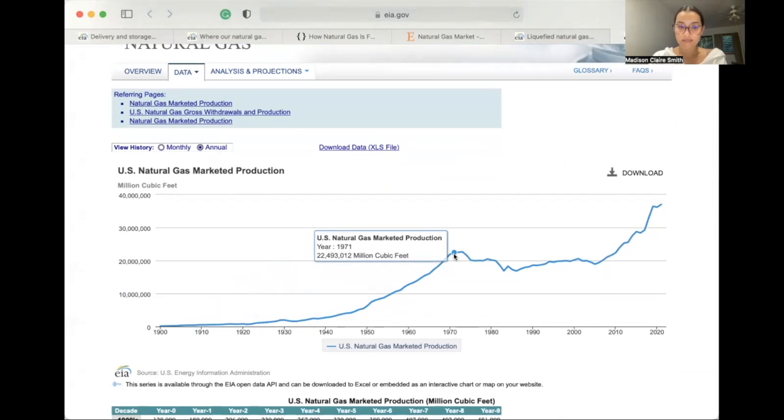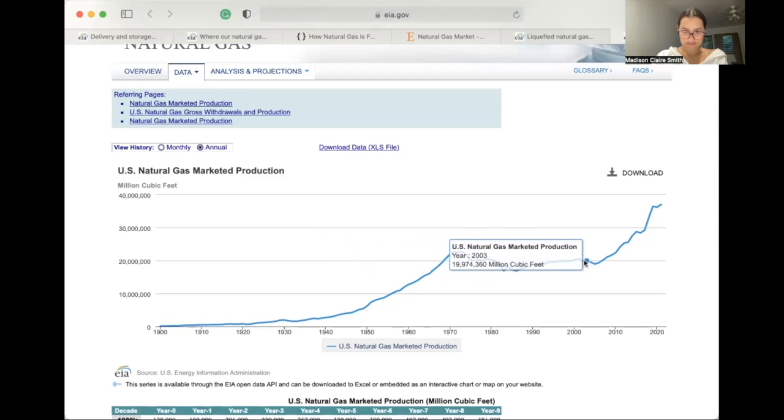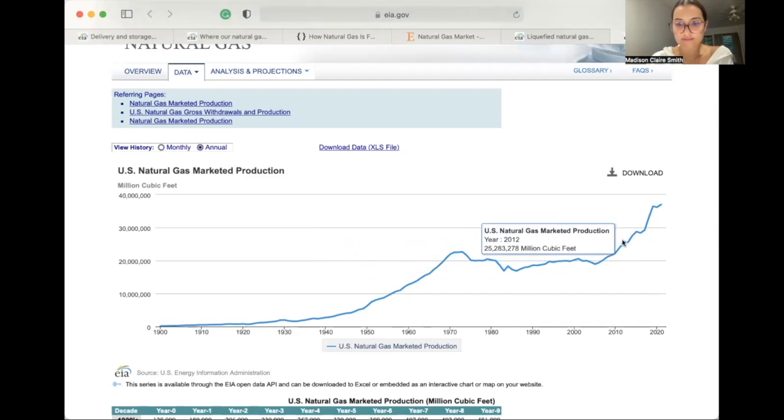In the last 50 years, from 1972, we produced 22.5 million cubic feet. There was a drastic increase in 1983, another increase, overall a decrease, and then it started increasing again. There's a decrease from 2001, which in my opinion is from 9/11, and then a steady increase following.